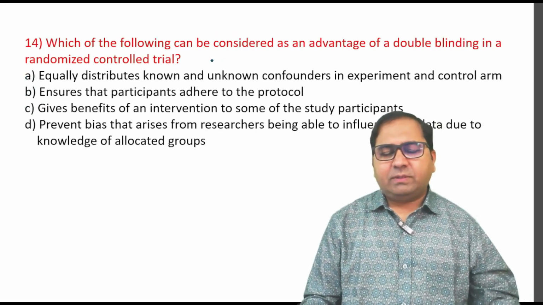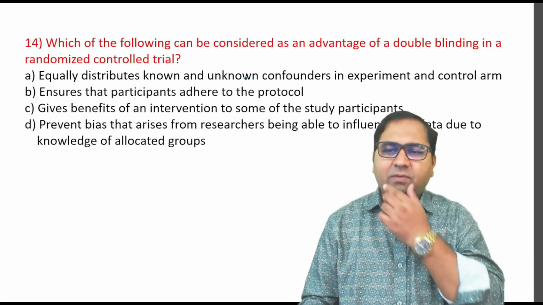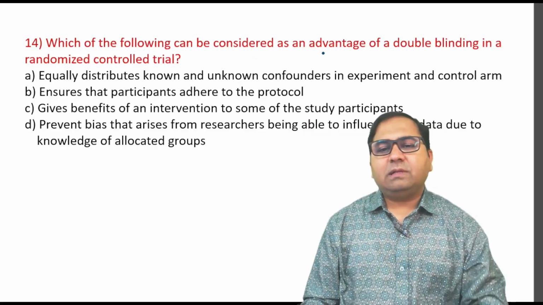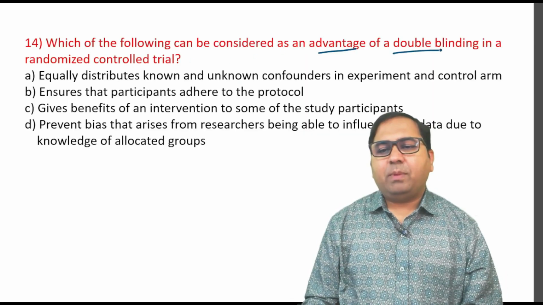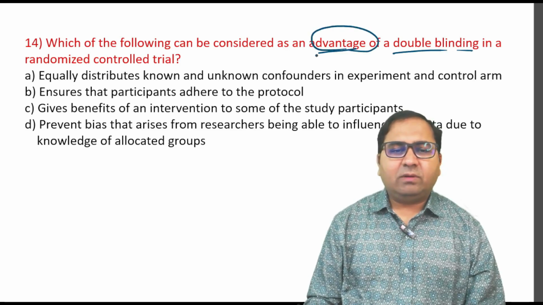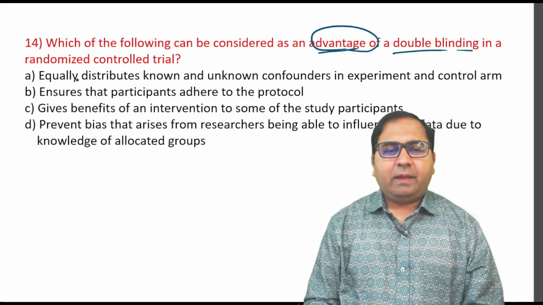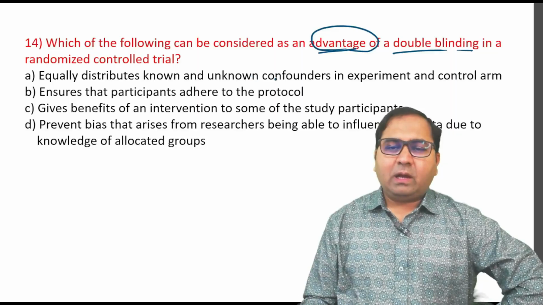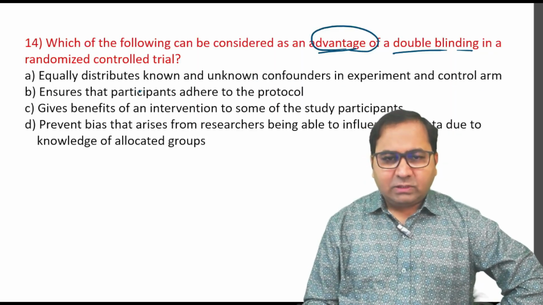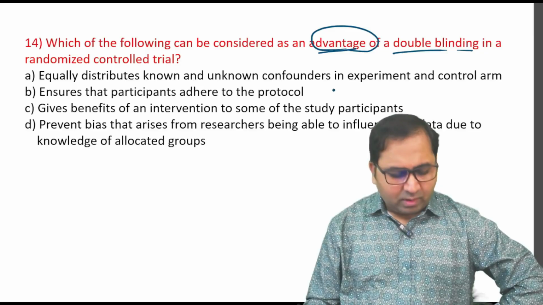Next question. Which of the following can be considered as an advantage of double blinding in a randomized control trial? What is the advantage? Let us see the statements. A. Equally distributes known and unknown confounders in experiment and the control arm. B. It ensures that participants adhere to the protocol.